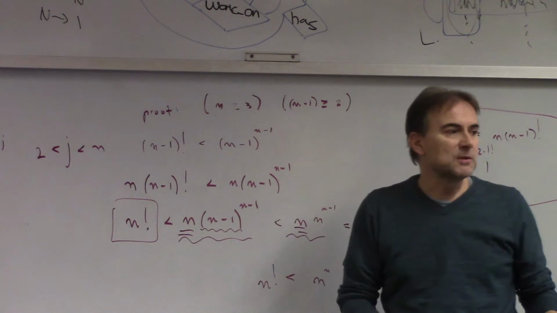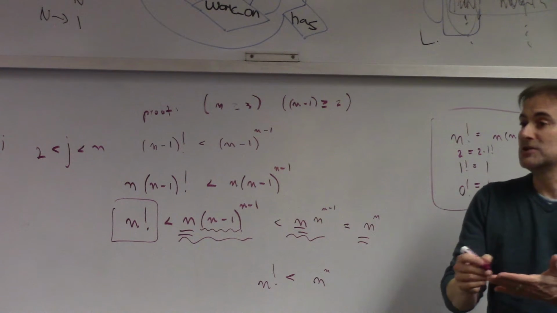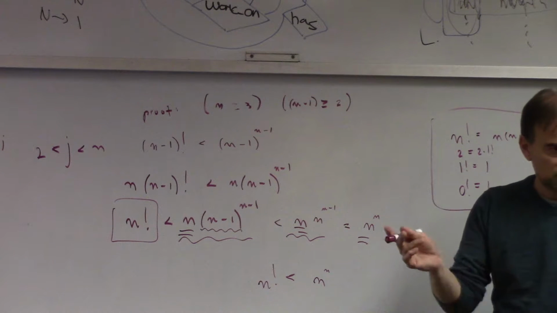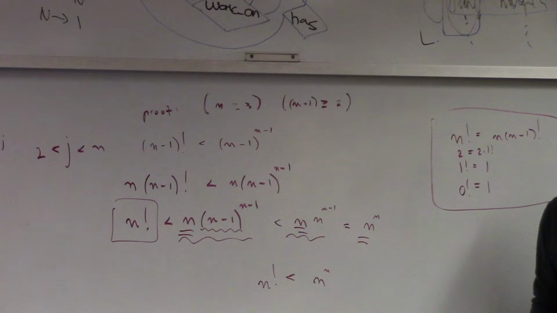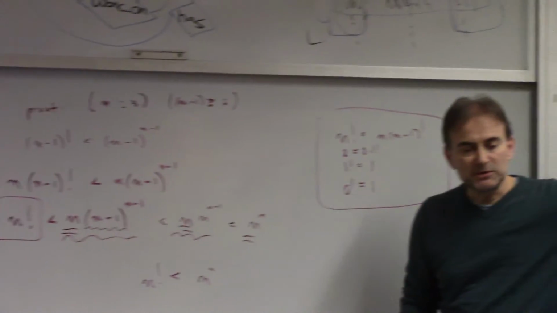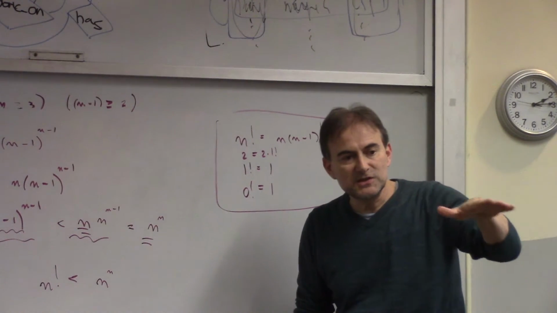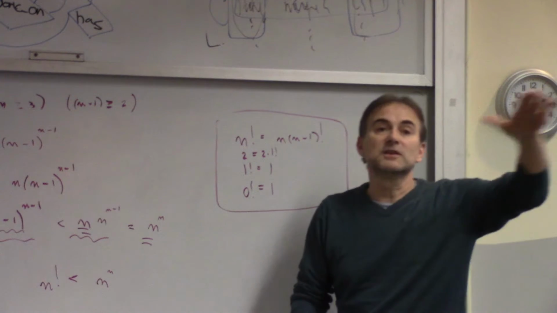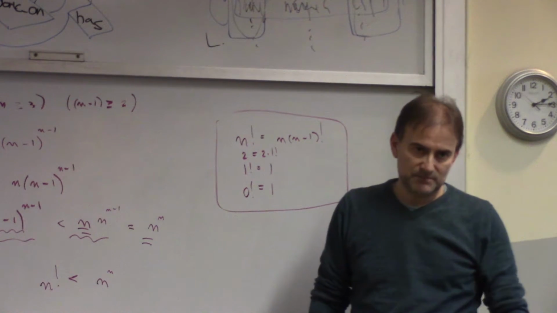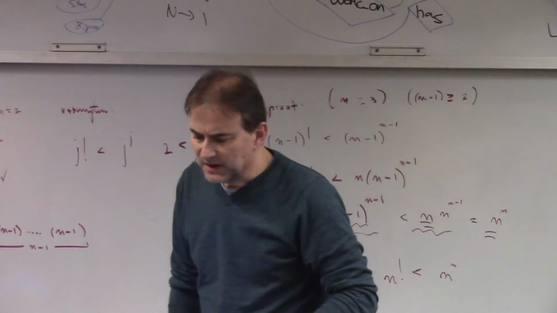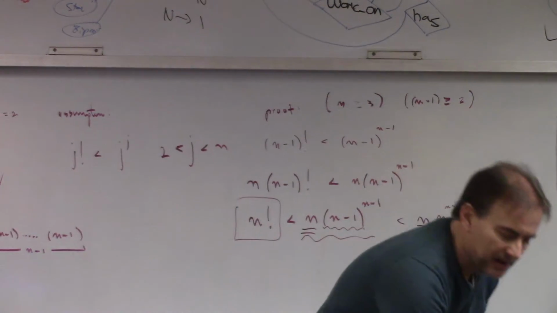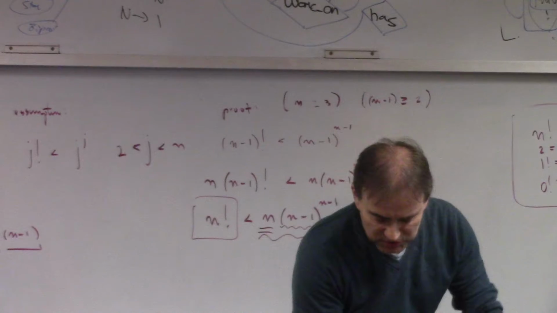Every time you do something, I can do this because n is at least this value, I can do this because it's transitive property. Something is less than something is less than something else. So if it's less than this, and this is less than that, then this is less than that. Transitivity. Okay? All right, questions about that? So it's another proof by induction.